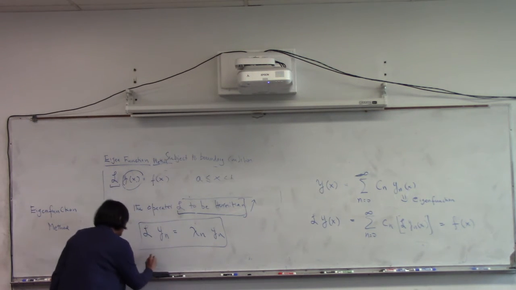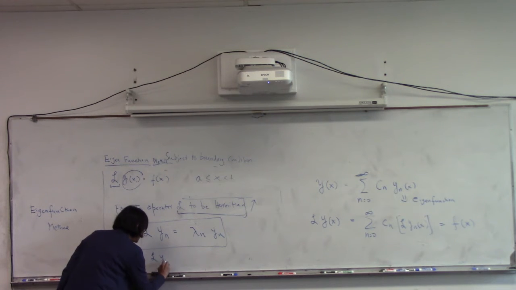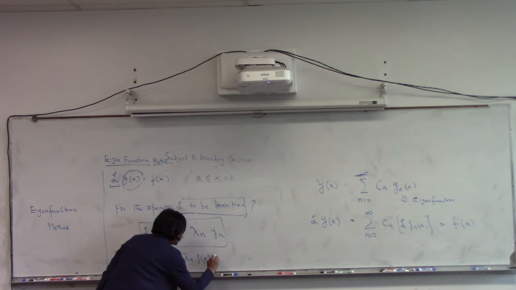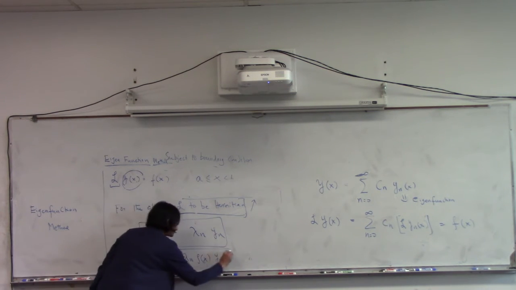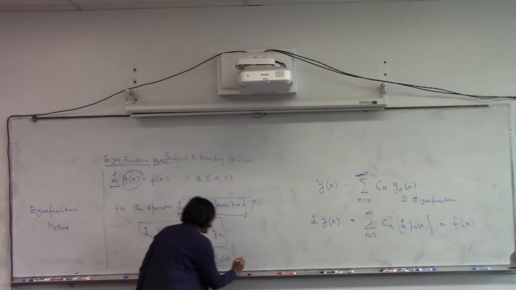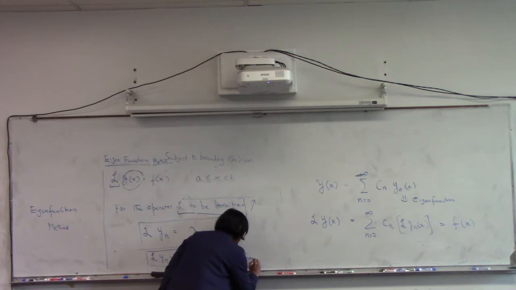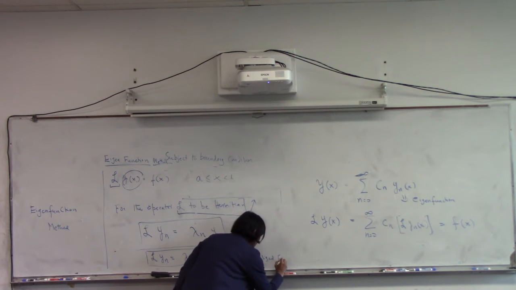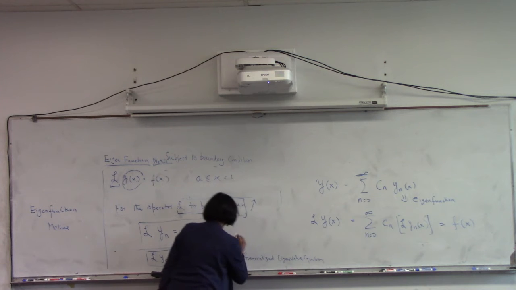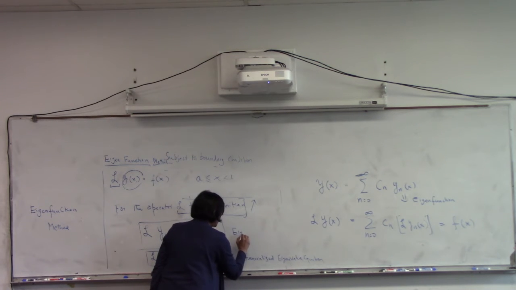The generalized eigenvalue equation is normally given as lambda_n, some weight factor, y_n(x). That is called the generalized eigenvalue equation. This is the normal eigenvalue equation that you normally encounter.